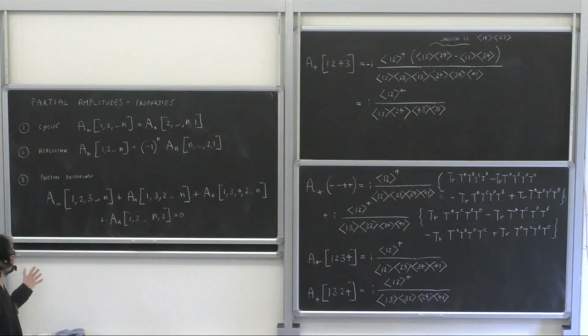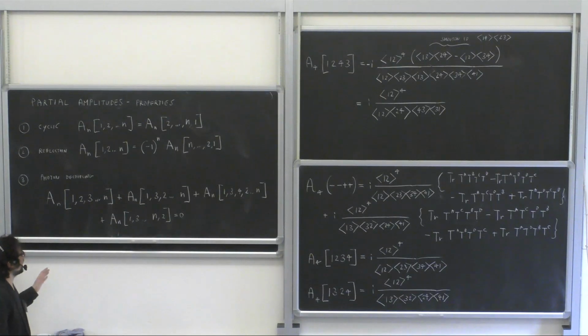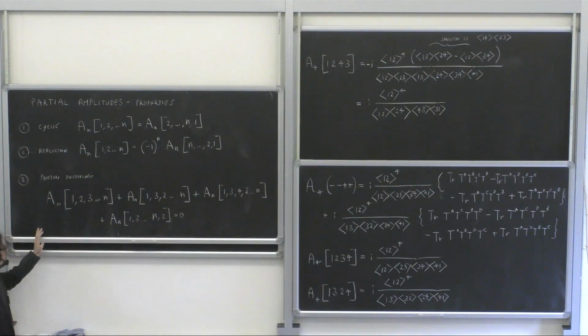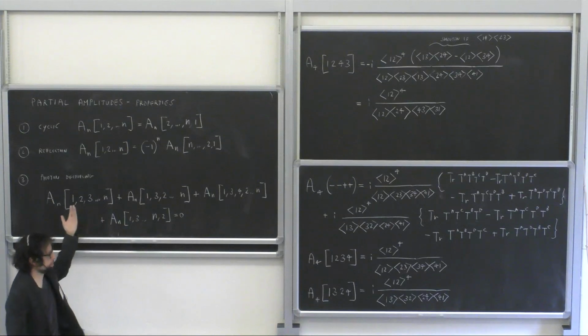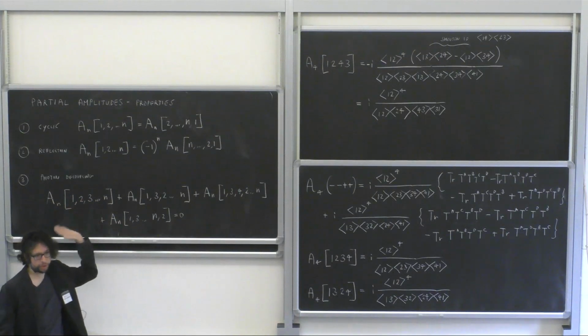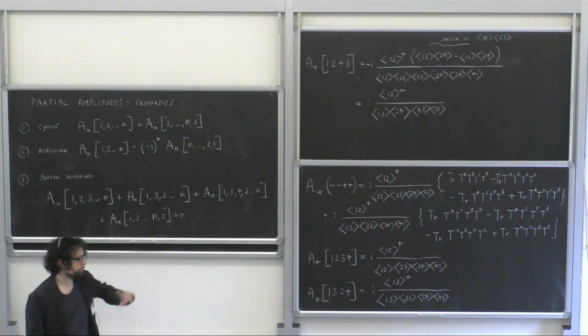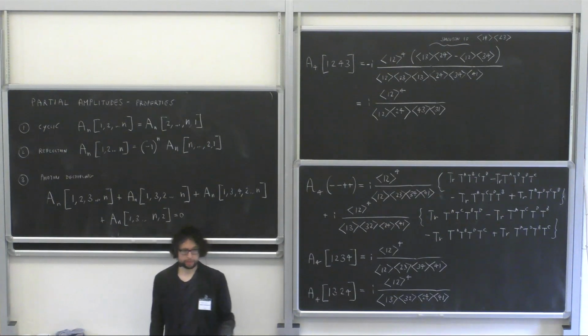I get traces in which there is no 2 because it's been replaced by the identity, and all the others are in a fixed ordering. So these are proportional to all partial amplitudes that have the same ordering for the other external states, and 2, since it has been replaced by the identity, comes in whichever position. So this is a cancellation between partial amplitudes, which was obvious in one language and not so obvious in the other, the one where I have the traces.